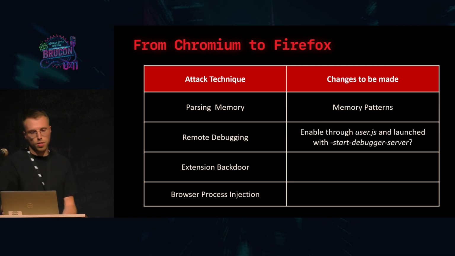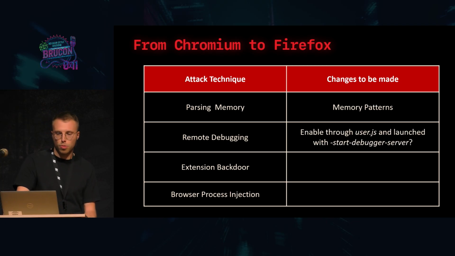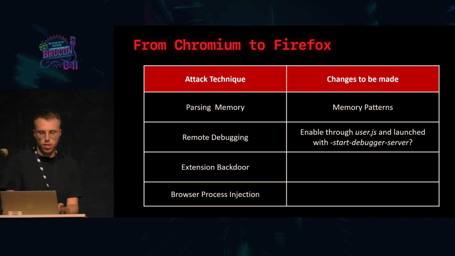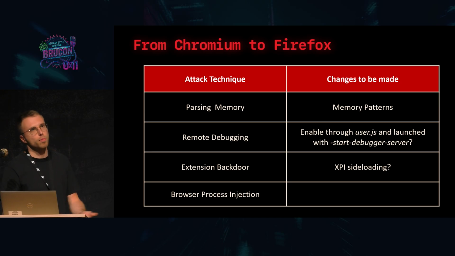As well as the debugging feature, it seems to exist with this parameter, but I have not tested it yet, but that's what I read online. Same for the extension. It should be possible to do XPI sideloading. It's the extension format for Firefox. I haven't tested it yet, so maybe for next year, but here are just clues and some ideas where to look.